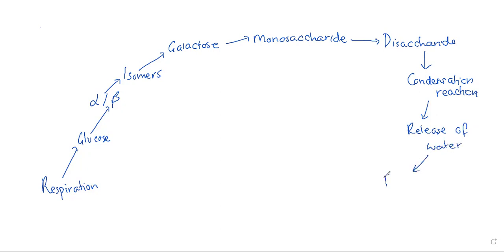Water is used in photosynthesis. Photosynthesis uses light energy. Light energy is used and absorbed through chlorophyll.